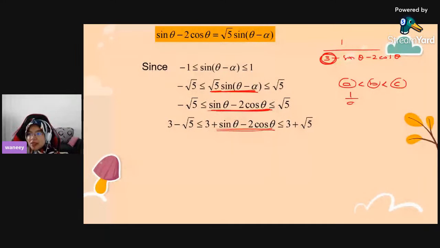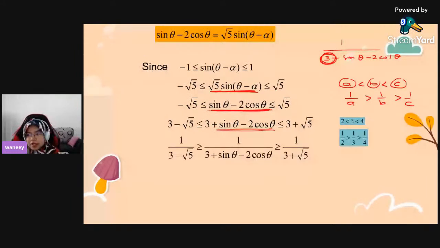So 1 over A, 1 over B, 1 over C, but everything should be positive for this one. Now flip them. So they will become 1 over 3 minus square root of 5, 1 over 3 plus sine theta minus 2 cos theta, 1 over 3 plus square root of 5.